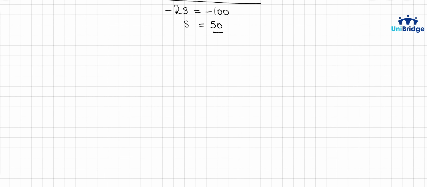Let's take another example where the equation looks slightly different. So let's say we have X and Y, both weigh together 170 kilograms.